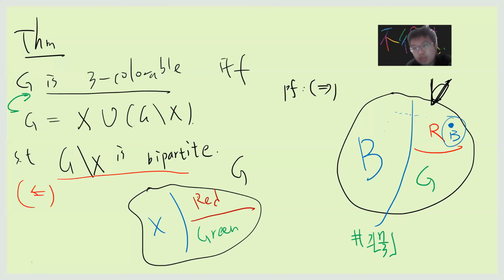Then I can put these into B and keep increasing my independent set until I cannot. Then B becomes the largest independent set, and then R and G belong to a bipartite graph, because these are two-colorable, so by definition it must be bipartite. So this is the proof.